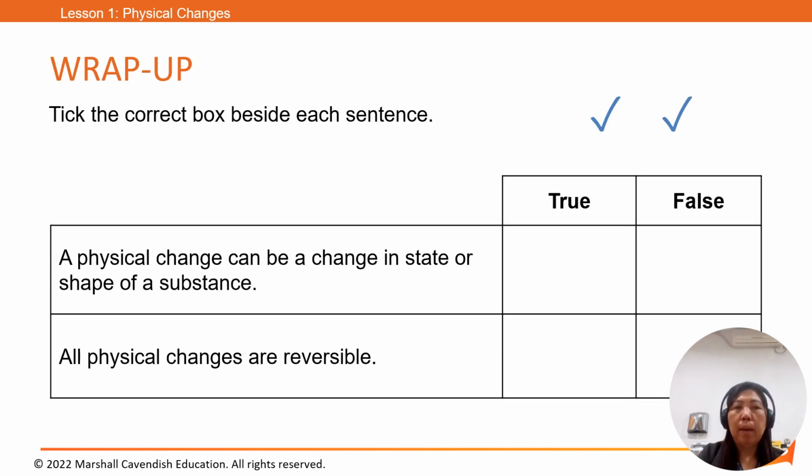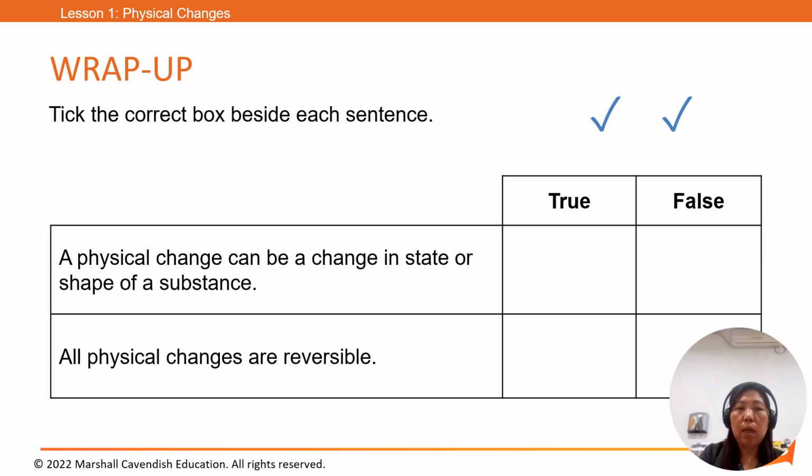Now let's wrap up by looking at these sentences and try to tick the correct box beside each sentence. You have to give the tick to the correct answer based on the sentence given. Now let's see the first sentence. A physical change can be a change in state or shape of a substance.